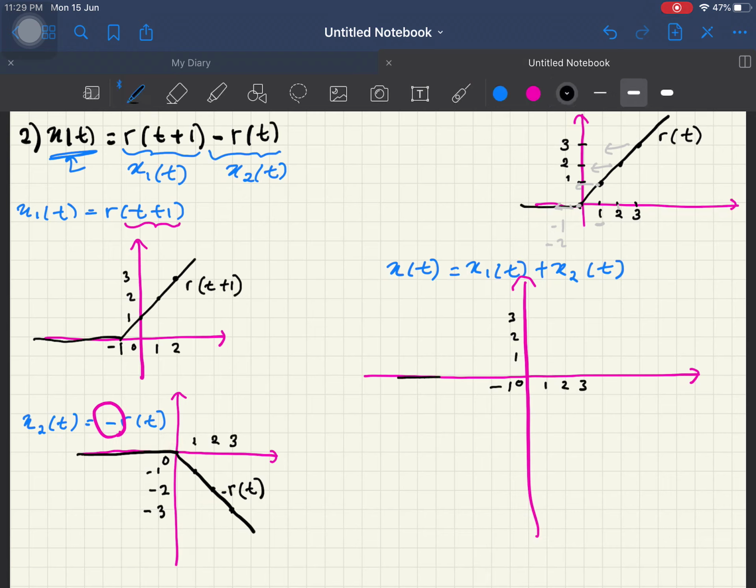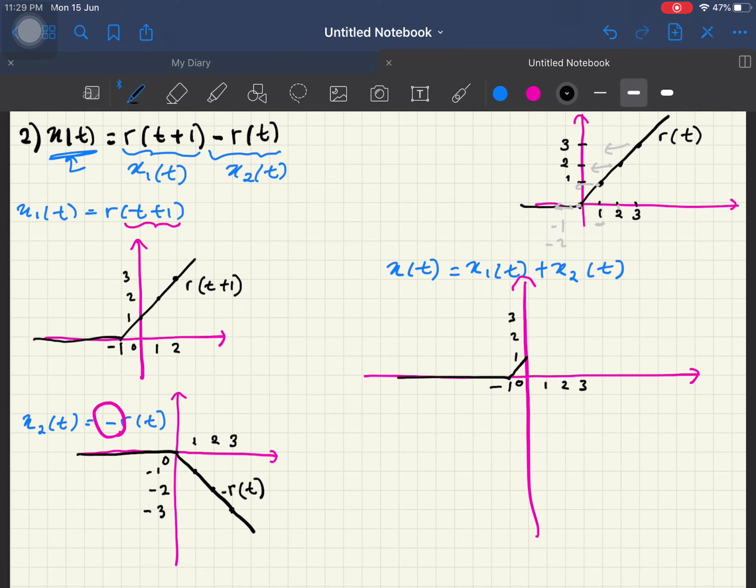Then at -1, here you have a slope of 1, and here at -1, you still have 0. So for the resultant signal, at -1 you will have a slope of +1 until 0. Now at 0, you start to have a slope of -1 here, and here the slope is +1.